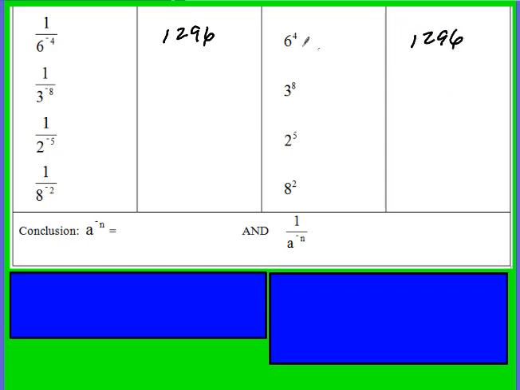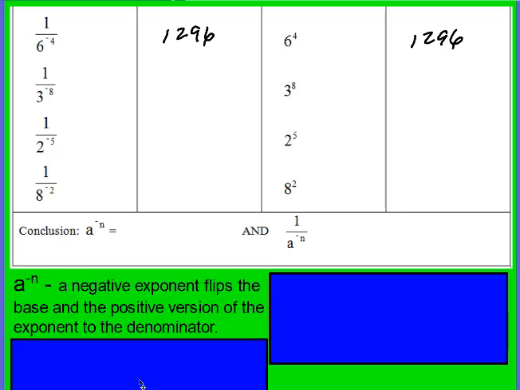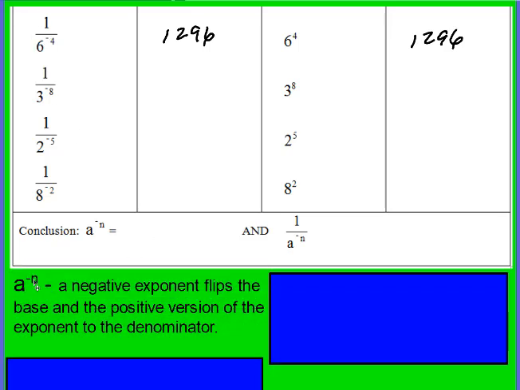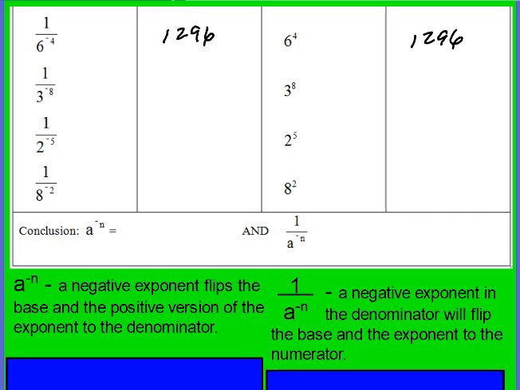So this negative exponent, what it's doing: if a to the negative n, the negative exponent is in the numerator, it's going to flip the whole thing to the denominator and make the exponent positive. If the negative is in the denominator, like this one right here, it's going to flip it to the numerator and be positive in the numerator. So this is the toughest one to understand.